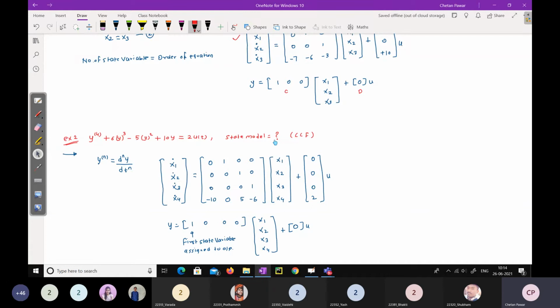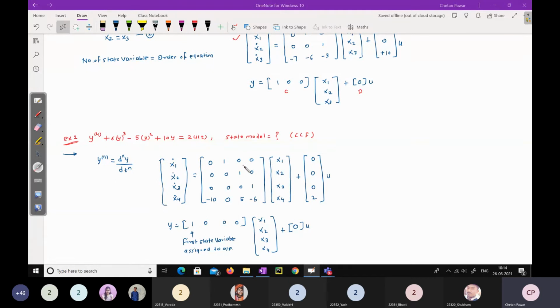So what you need to do, first you need to identify the number of state variables. As you know, the number of state variables is equal to the order of the equation. What is the order of the equation? 4. So there will be 4 variables, x1 bar, x2 bar, x3 bar and x4 bar. Now there are 4 variables, so you can start with 0 1 0 0.